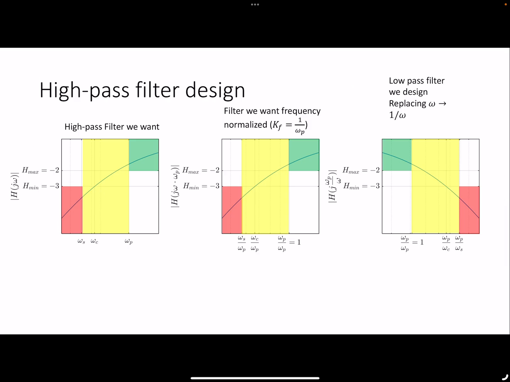So basically the design went something like this. This is the filter we want. And what we ended up doing is we basically came up with an equivalent design problem for the low-pass filter. And then we designed this filter.